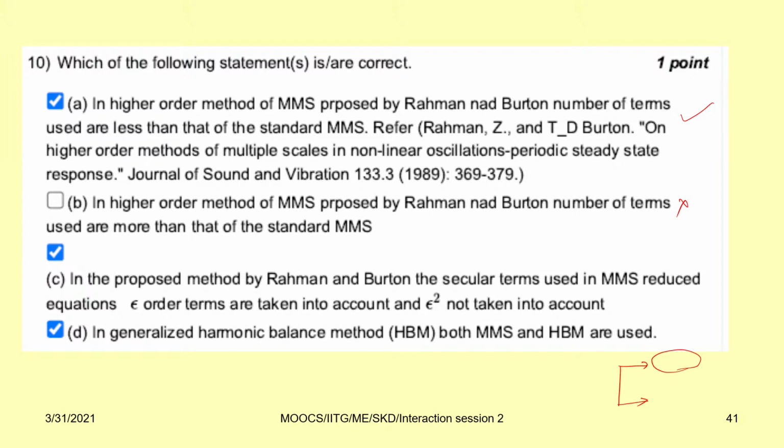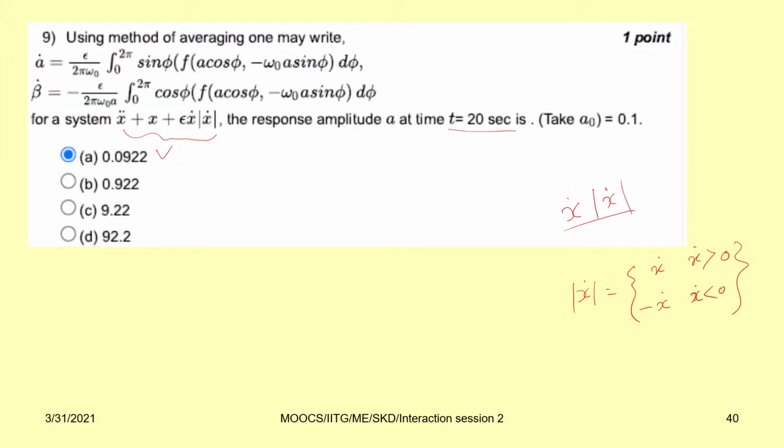One question is there. Chandan has written, what is the value of A0 at t equal to 0 in the last problem? You just see, you are going to find the steady state. As you are going to find the steady state, it is already written to take A0 equal to 0.1.